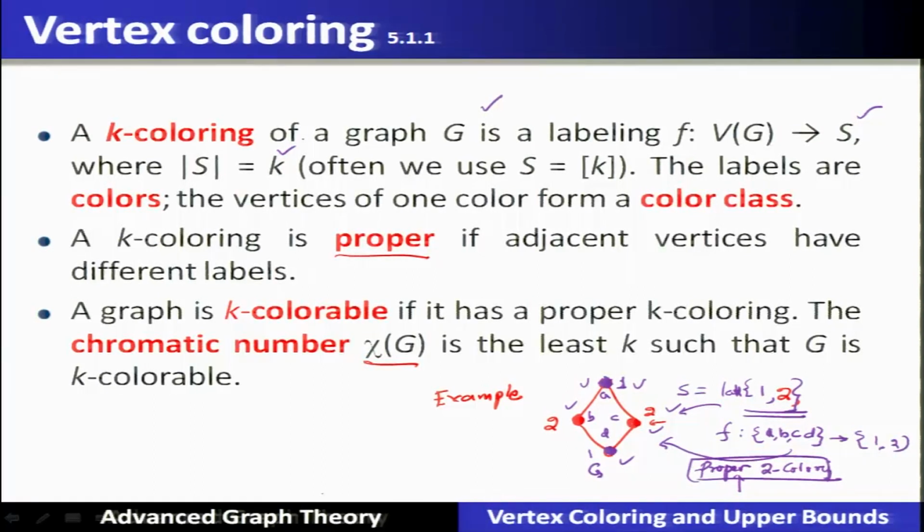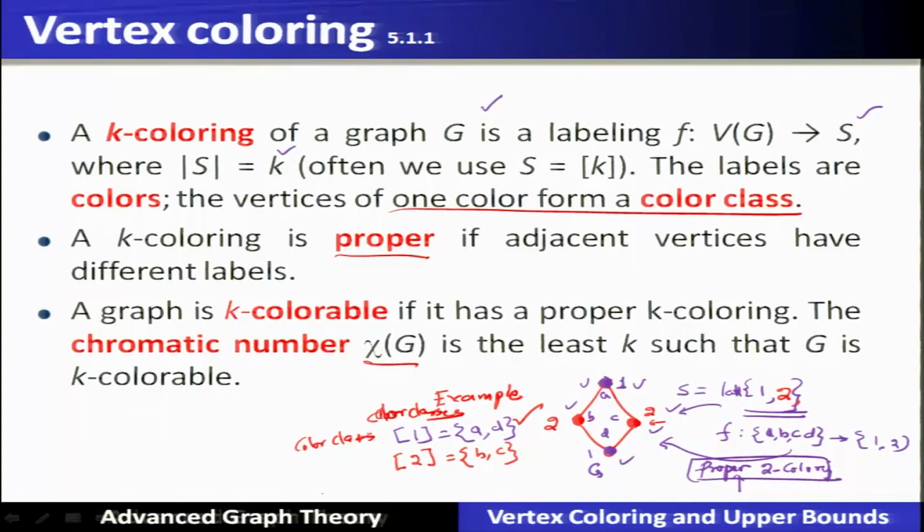The vertices of one color, for example the vertices having color 1, are A and D. Similarly, the vertices of color 2 are B and C, and they are called color classes. So, the vertices of one color form a color class. In this example we have shown two color classes, 1 and 2.